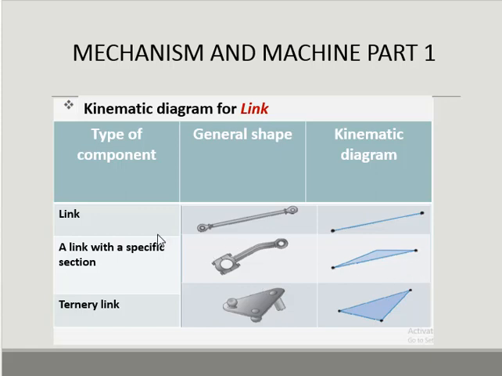This is for example a kinematic diagram for link. There are many links for kinematic diagram. The first sample is a link like this. You can draw a link as a line like this. The second link is a link with a specific section.